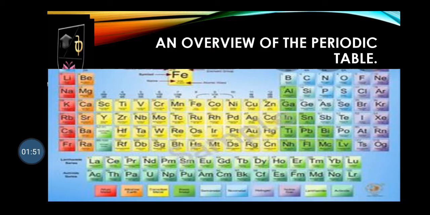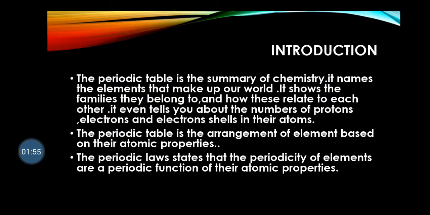He was able to get different elements and even predicted the names of some of them. So the periodic table is just a summary of chemistry. It names the elements that make up our world. Every element that you can think of in this world is on it. There are 119 elements on the periodic table.